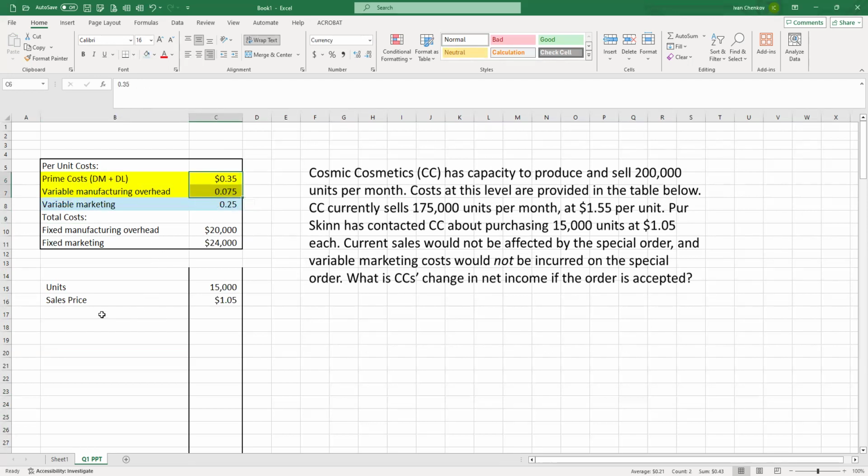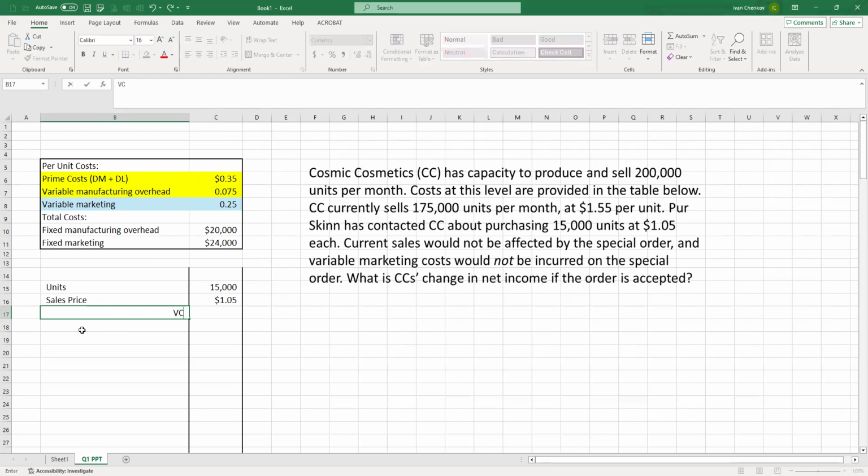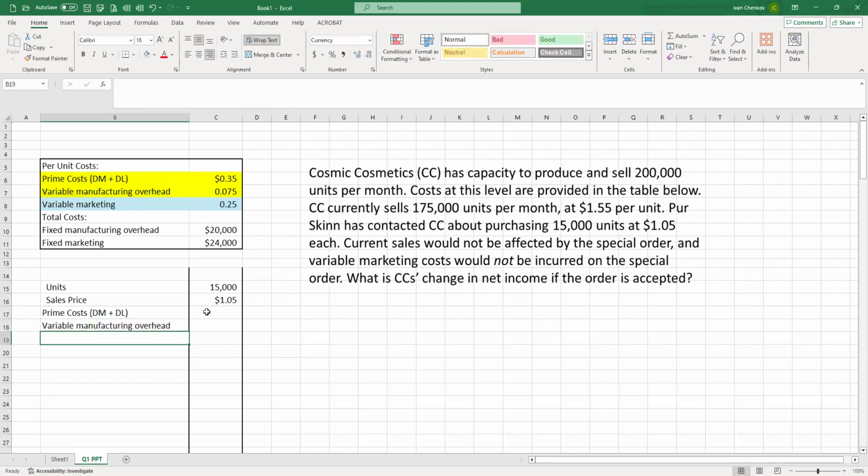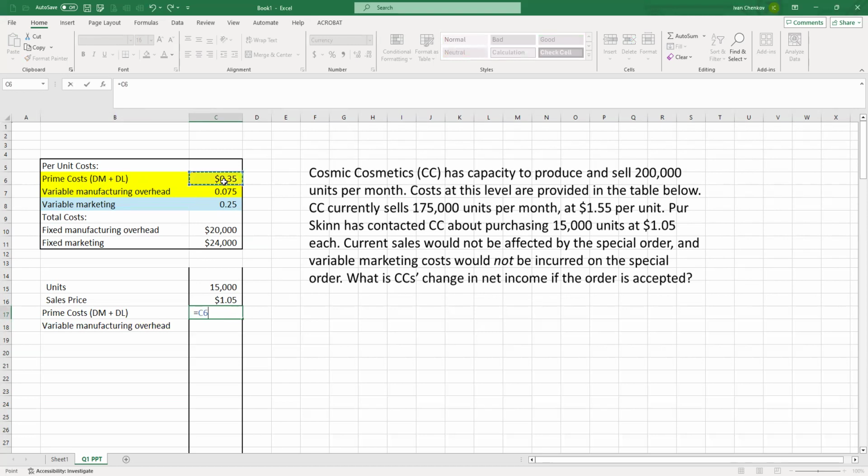Only those two, right? So how much? What will be the change in the income if the order is accepted? So how much will be my variable cost now? Variable costs are going to have only two components. Which are those components? That will be equal to these guys, the prime cost first, and then I have these guys. This is my only cost that I have to consider. Correct? Yes.